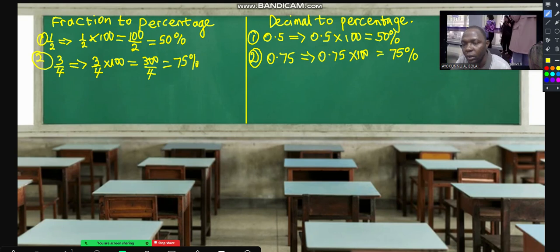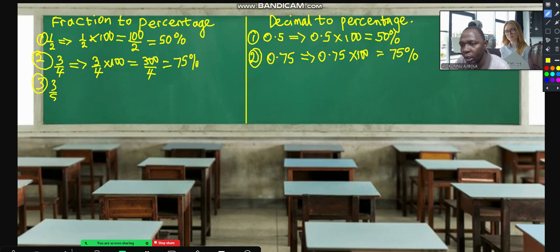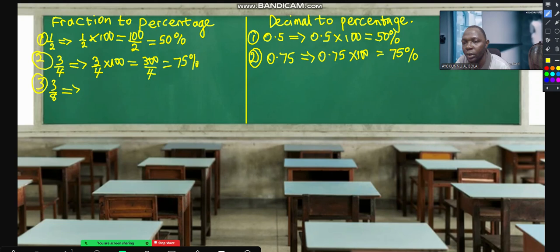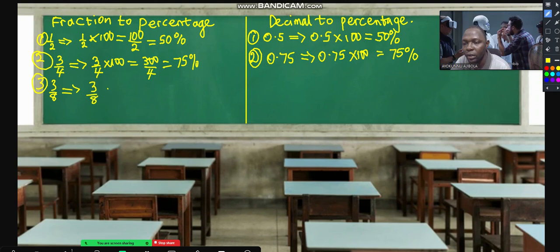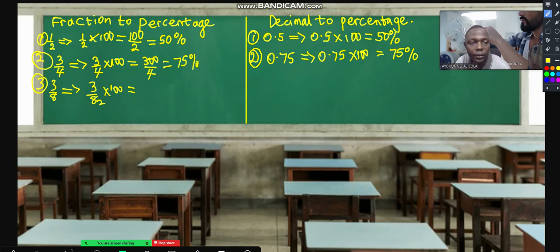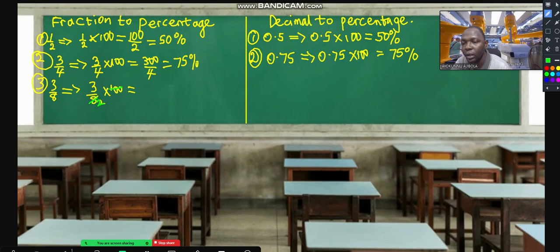Okay, what about 3 over 8? To percentage, we're going to say 3 over 8 times 100. So we can say 4 goes in 8, 2. Then 4 goes in 100, that's 25.